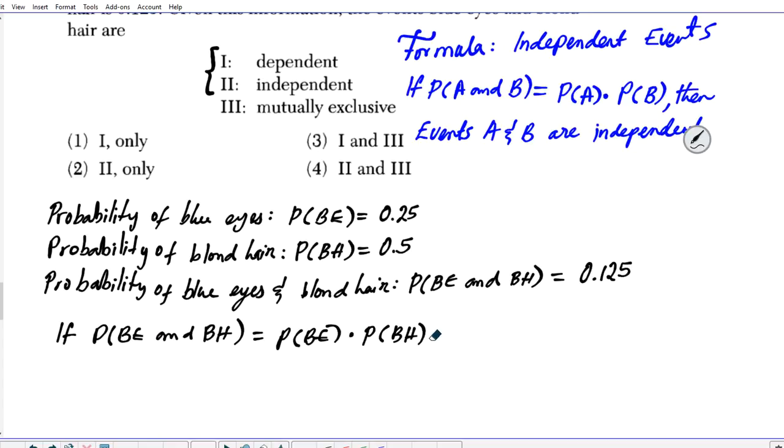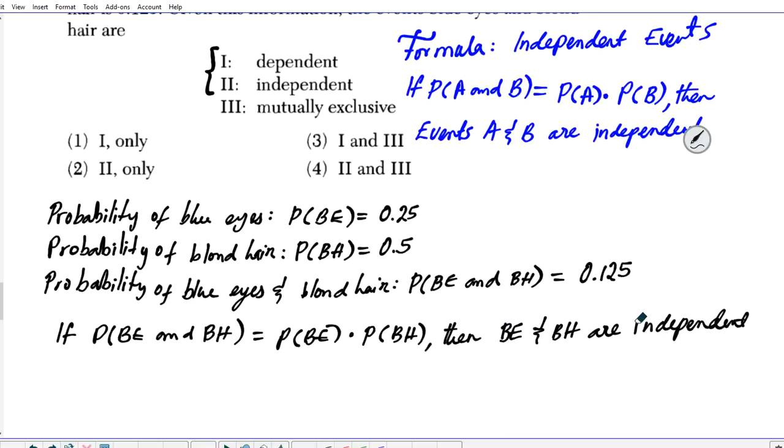If this holds, then we have independence. Okay, BE and BH are independent, or else they are dependent.